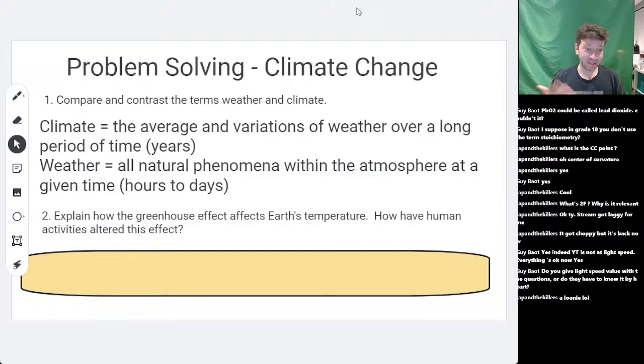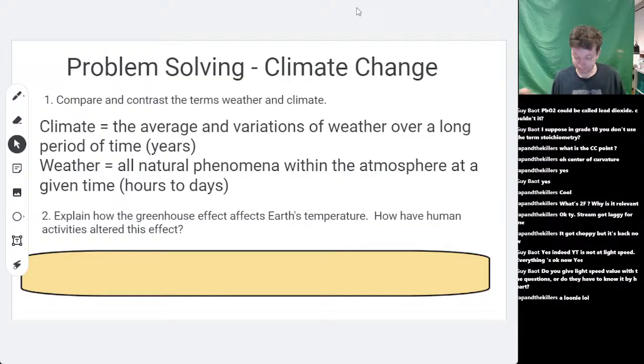If you're looking at Canada, you would expect snow in January. Maybe there's one day in January where it's sunny, hot, and 20 degrees. That would be wonderful, but that's not what you expect. That would be what you would get. So that would be the weather, not the climate. Okay, so that's our difference there.